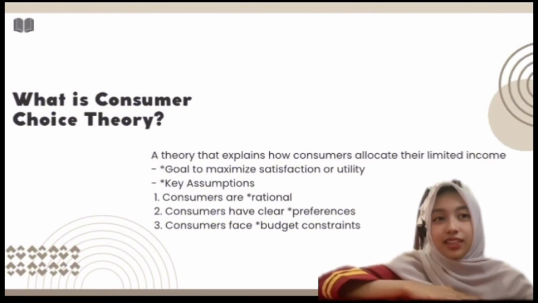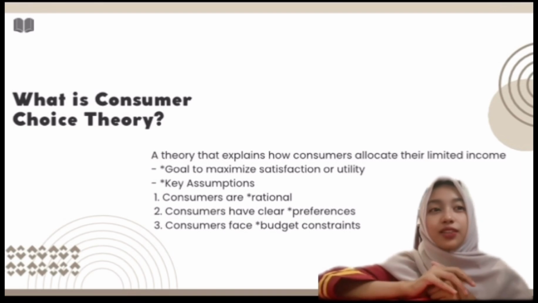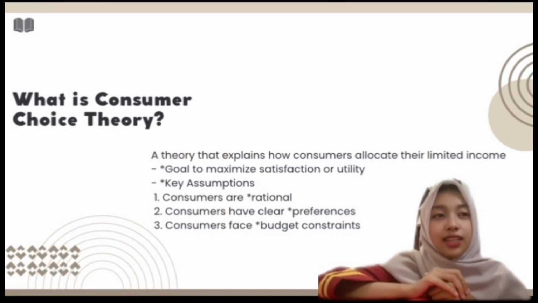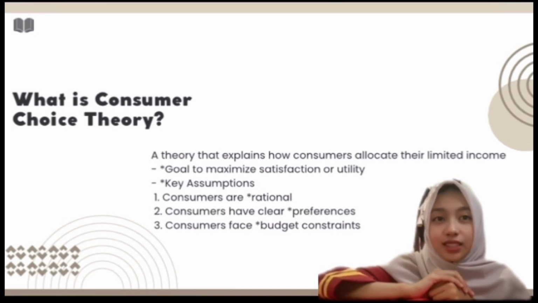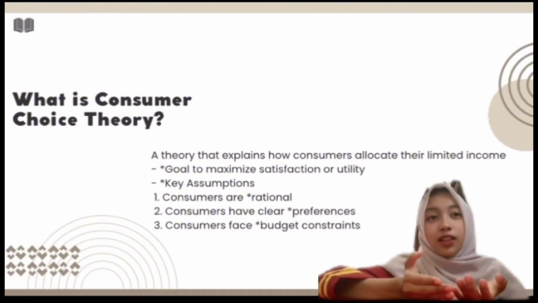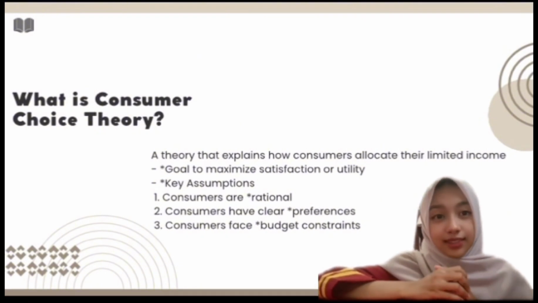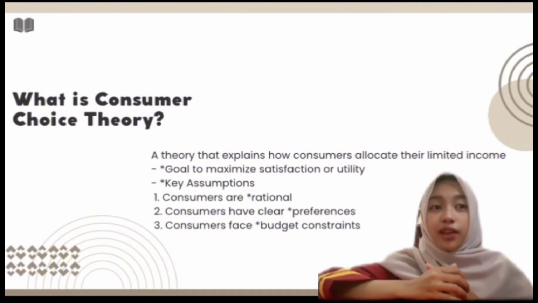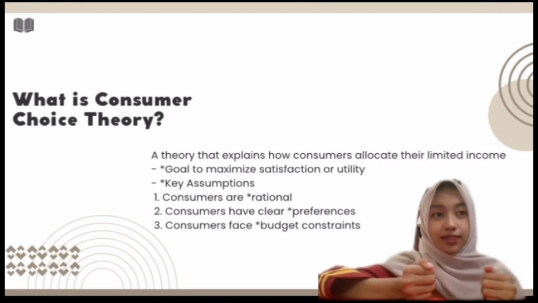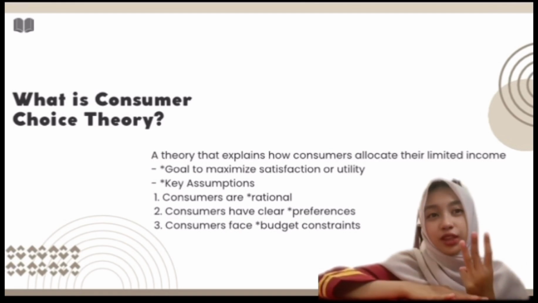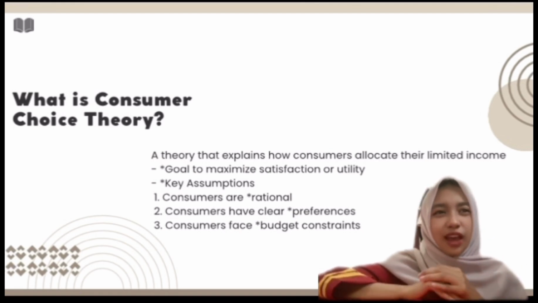And third, consumers face a budget constraint. Ini paling realistis. We all have limited money. We can't buy everything we want. Gaji 3 juta ya, gak bisa langsung beli iPhone maupun juga cash.